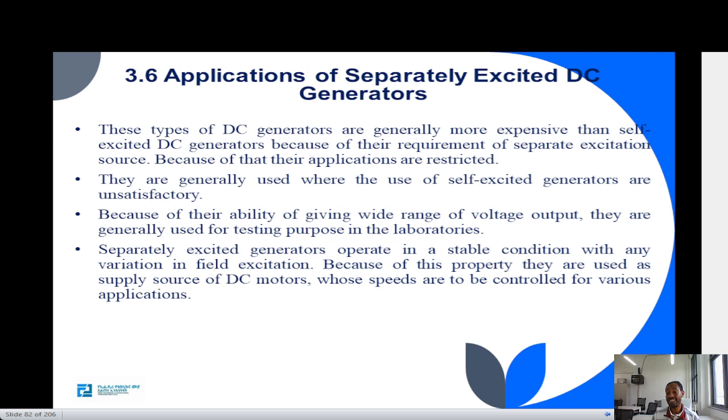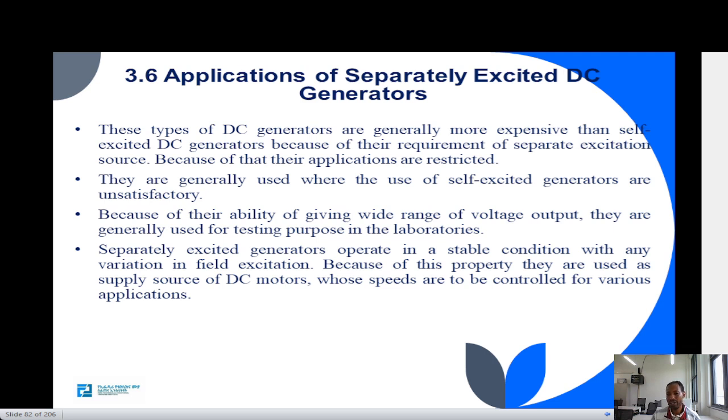In a separately excited DC generator, since the field winding supply and armature terminal voltage are different, it gives you an opportunity to vary the output voltage because they are totally independent.